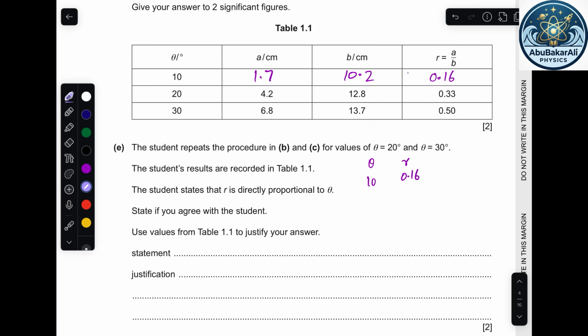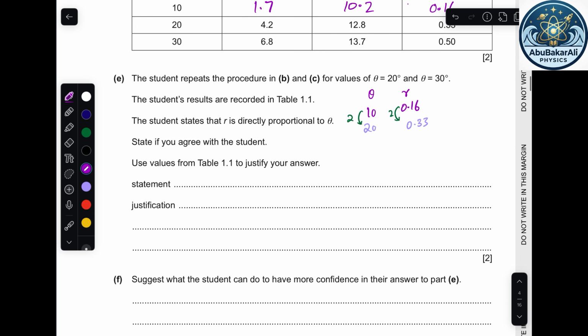When I change theta to 20, R becomes 0.33. What this is showing me is that when I double theta, when theta is 2 times, R is also 2 times. So R is also double. So they are proportional to each other, right? So you can say that.